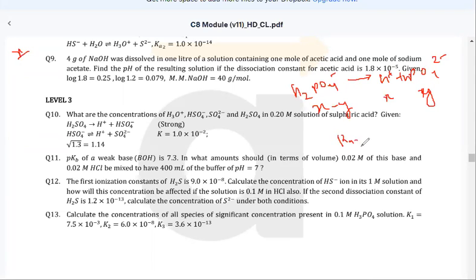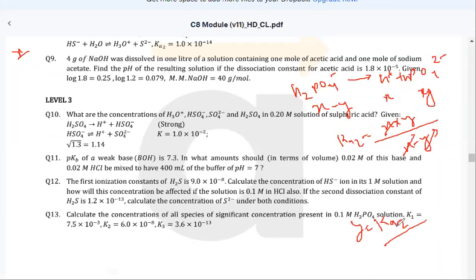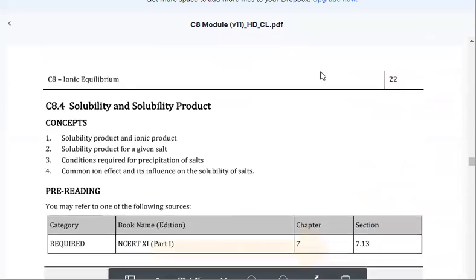So, can you calculate K2 is equal to X into Y by X minus Y? Tell me, yes or no? As I say, this Y will be very less than X, so X will get cancelled. So Y will be just equal to Ka2. The concentration of this HPO4 2 minus will be equal to Y, which is equal to Ka2. In the same way, you have to do for Ka3. Okay, so we're done with this.